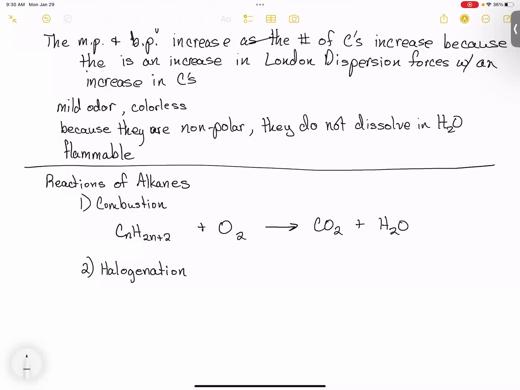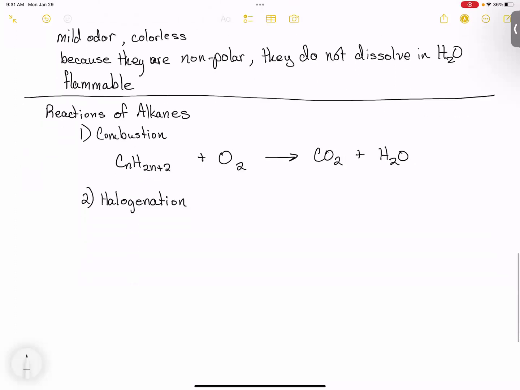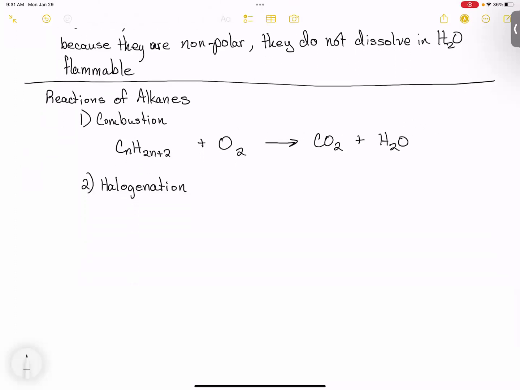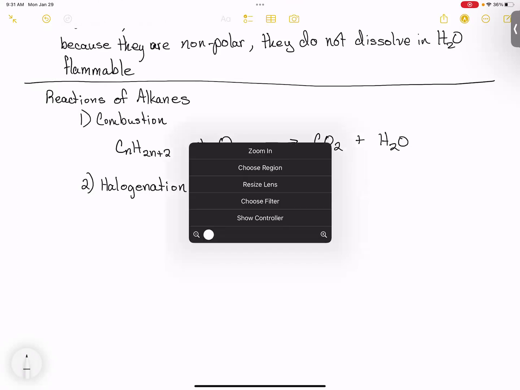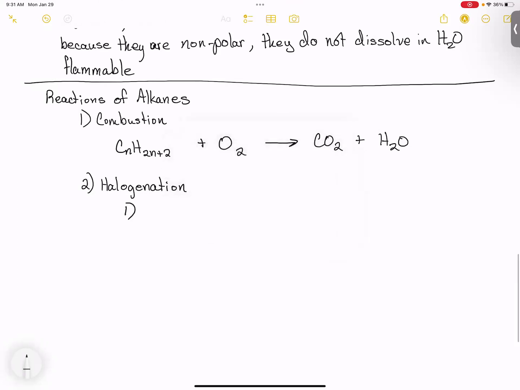Now, let's talk halogenation. Halogenation occurs in a very stepwise format. The first step in halogenation is the same.